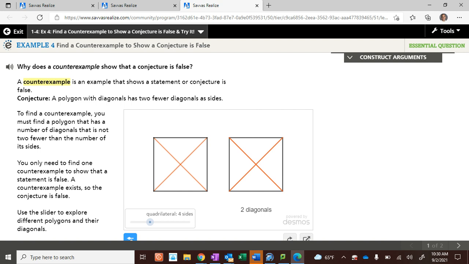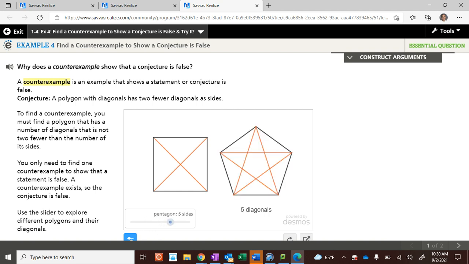So if you have 5 sides, it should have 3 diagonals, right? But if we actually look at a 5-sided figure here, how many diagonals does it have? 5. So that disproves their conjecture. That's a counterexample that disproves their conjecture.